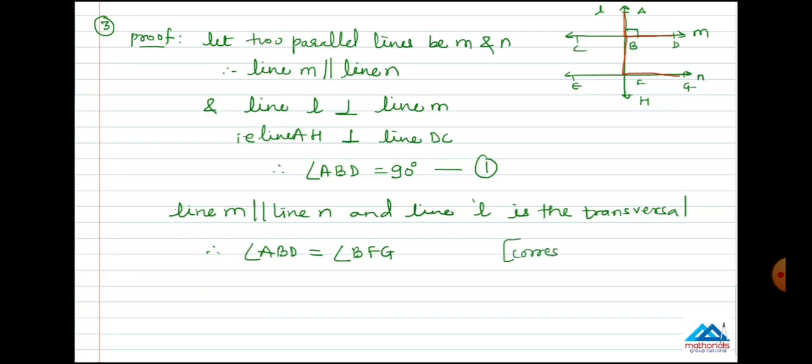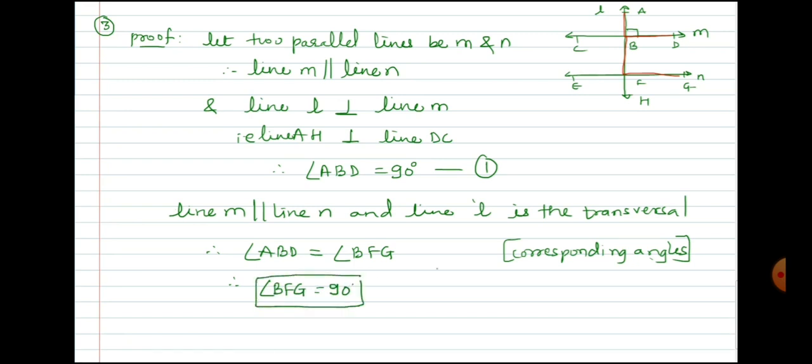So if we have ABD equals 90 degree, so we will get BFG is also 90 degree. If two parallel lines are intersected by a transversal, then corresponding angles form. So angle BFG also 90 degree we will get from 1.